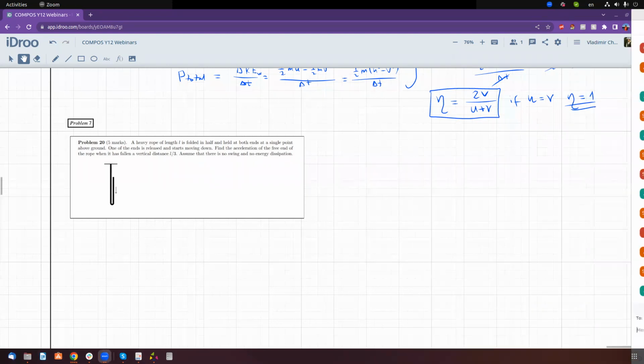Do we have an extra week? 19th. Okay, we have a spare week to do this. This is a long problem, and I want to go through it properly. So we'll do it next week or the week after. This is one of the problems from the assignment as well.